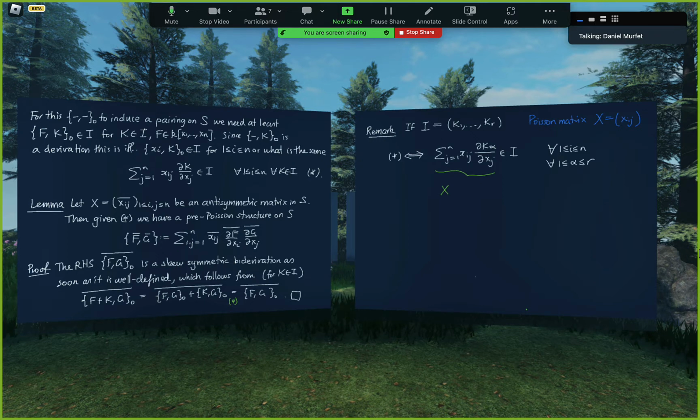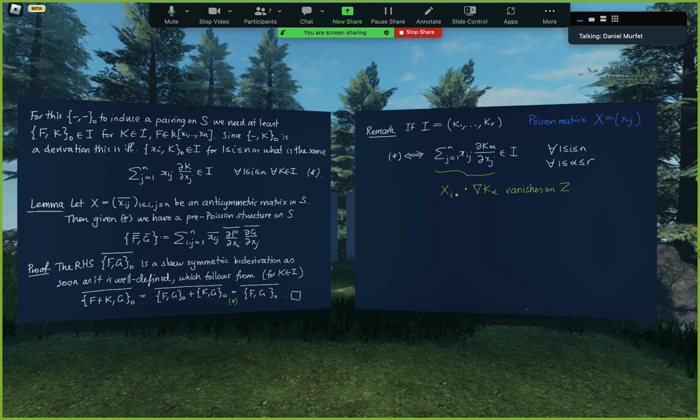So if I take xi bullet, I mean, this is a dot product, is my point. So this condition here says that something is in I. I is exactly the set of all functions that vanish on my affine variety.